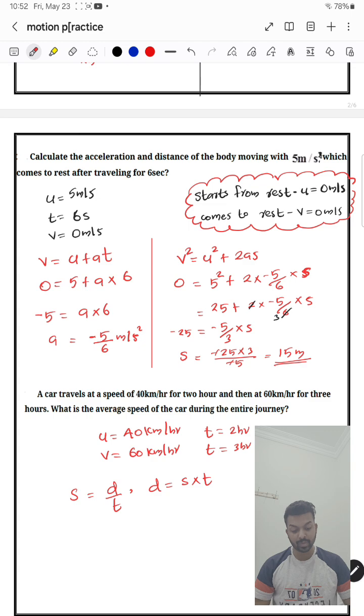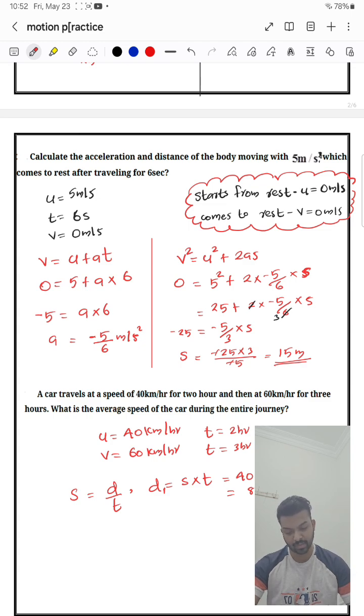It will be 40 into 2 hours, which is 80 kilometers. This car has traveled a distance of 80 kilometers.